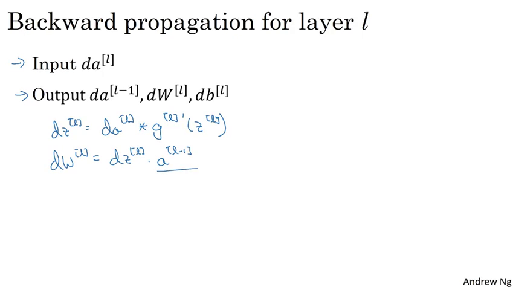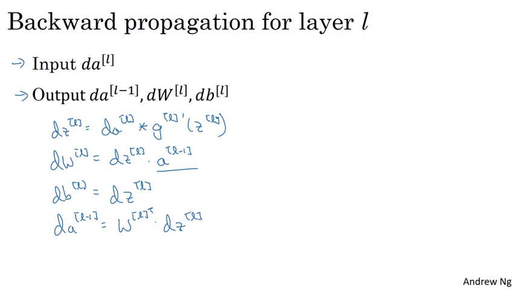I didn't explicitly put that in the cache, but it turns out you need this as well. And then db^[l] is equal to dZ^[l], and finally dA^[l-1] is equal to W^[l] transpose times dZ^[l].